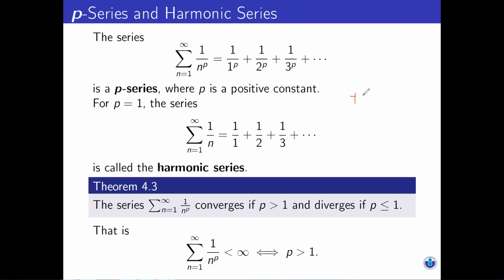f(x) equal to 1 over x to the power p is a continuous decreasing function because p is bigger than 0. So all you need to figure out is whether this integral exists or not.